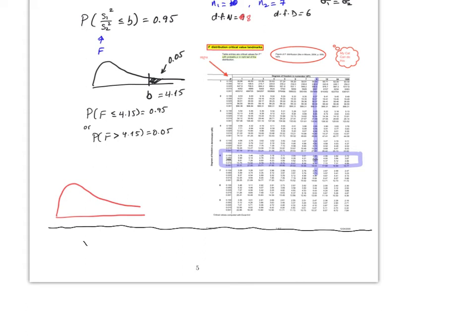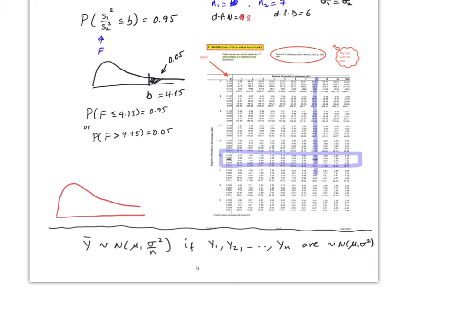Remember, y bar will be normally distributed with mean mu and variance sigma squared over n if y1 to yn are themselves normal mu, sigma squared.